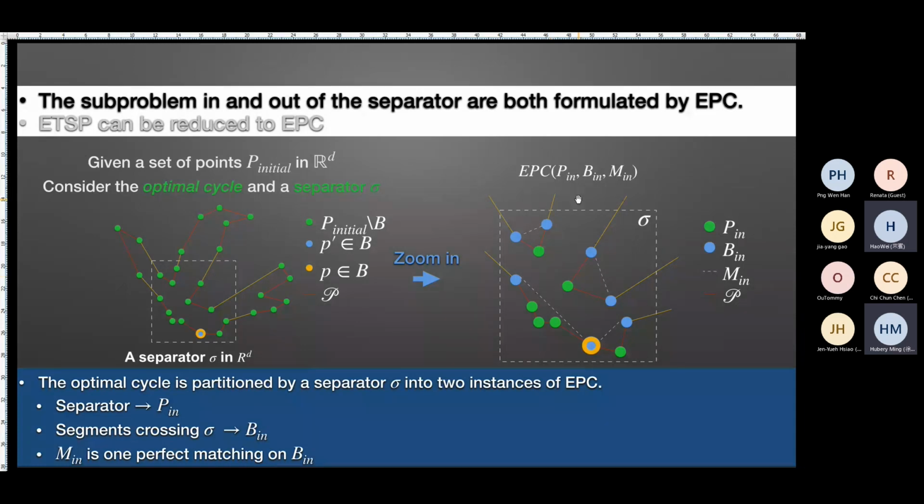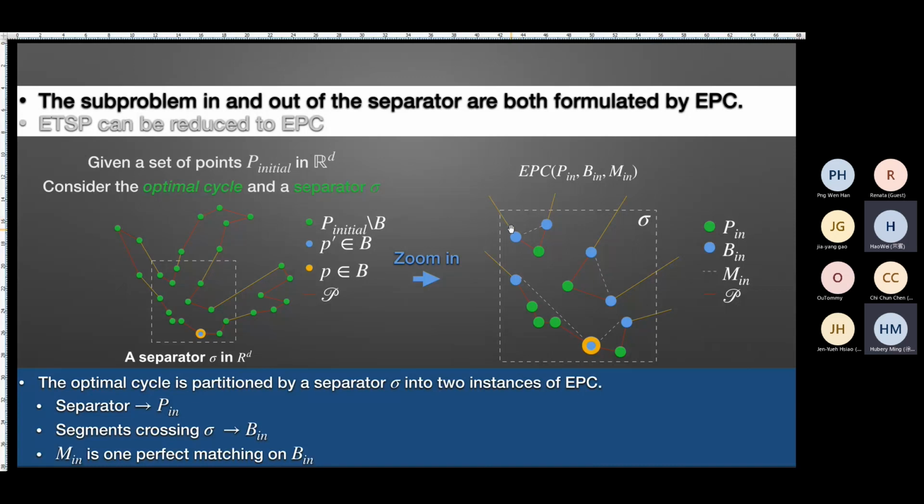Let's recall the EPC. There are three inputs for the EPC. The first is the point set, the second input is a subset of the first input, and the third input is a perfect matching on the second input. The first input could be identified by the separator.